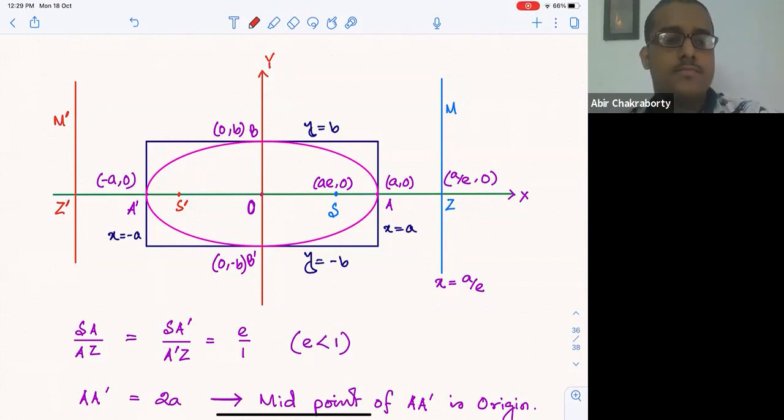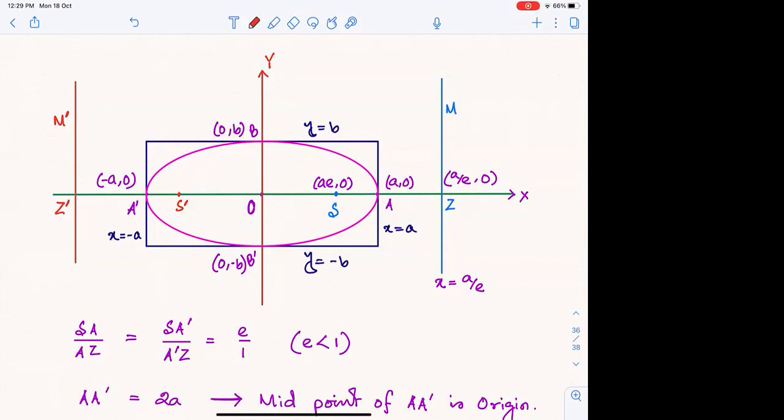If we reflect the whole diagram with respect to its other line of symmetry, the y-axis, the image ellipse will remain the same, but we find a new set of focus and directrix, with the new focus at S dash and the new directrix along Z dash M dash.